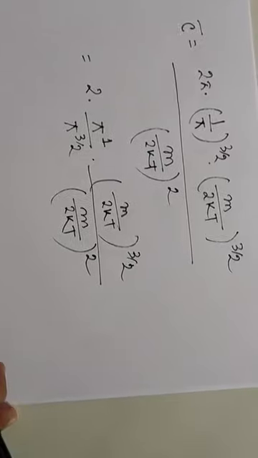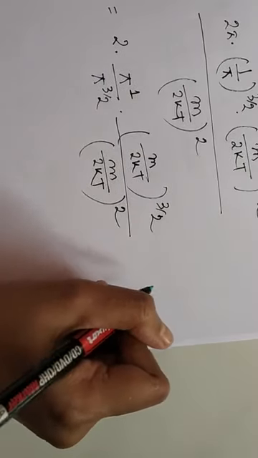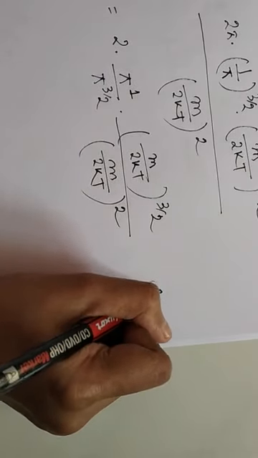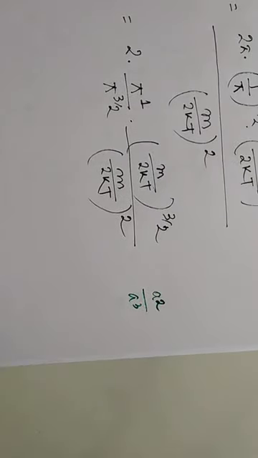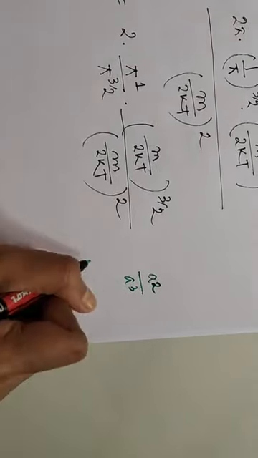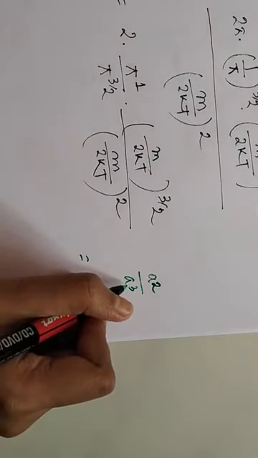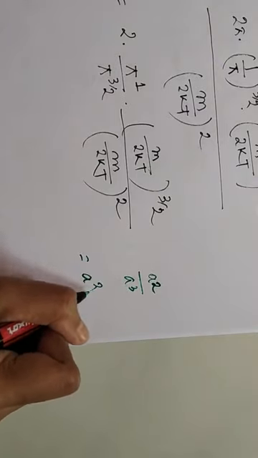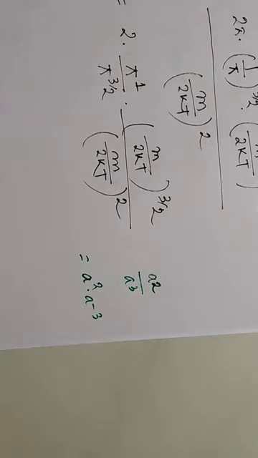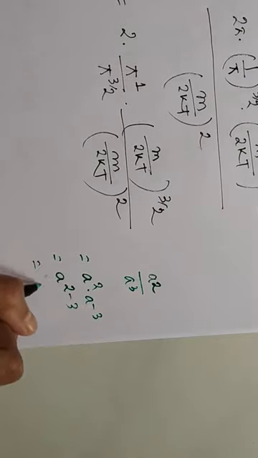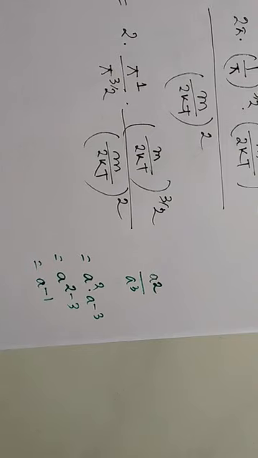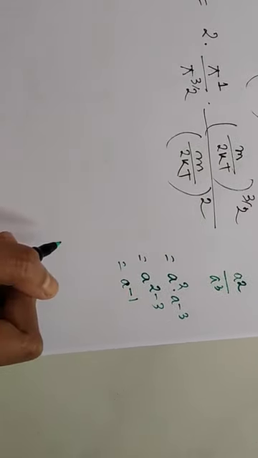So now, if we have a square by a cube, we can evaluate a square by a cube in two ways. Suppose we bring this a cube in the numerator, then the power will be minus 3, and it will be 2 minus 3, a to the power minus 1.